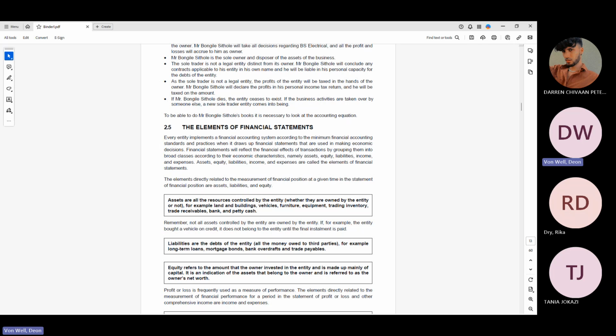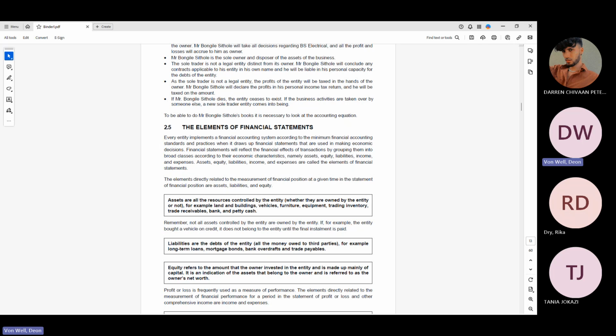And that is profit equals your income minus your expenses. That is not something specific for this learning unit, but just to give you some background, remember profit is income minus expenses.